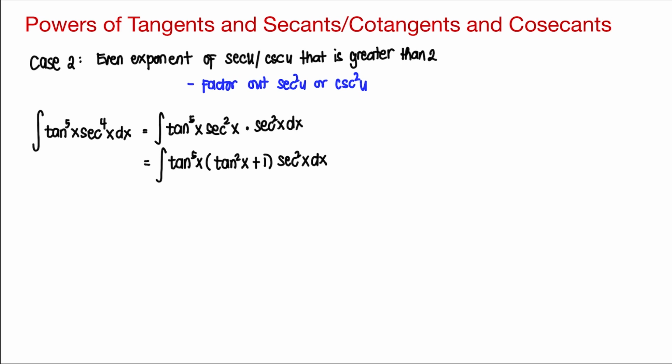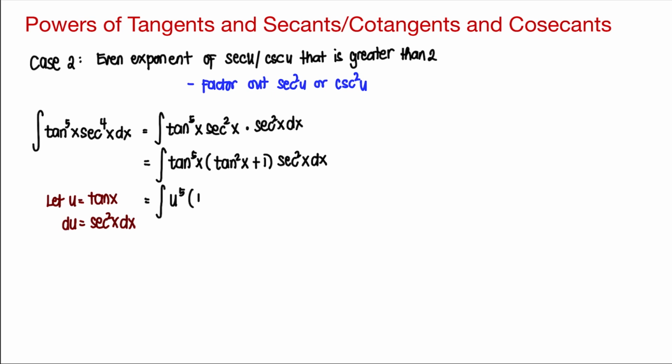So we can now let u equals tangent of x, so that du equals secant squared x dx. So substituting, tangent x to the power of 5 is equal to u to the power of 5.